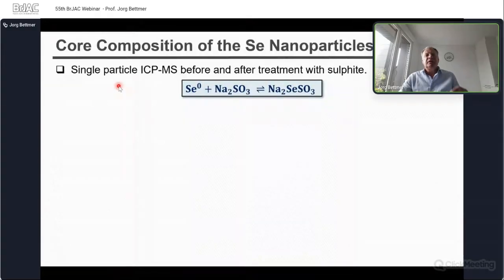And here we made use of a very simple chemical reaction. The sodium sulfide reacts selectively with only elemental selenium to form this complex. So this means if we have particles present only containing elemental selenium and we put them into contact with this reagent, they should disappear, they should be dissolved because of this reaction.